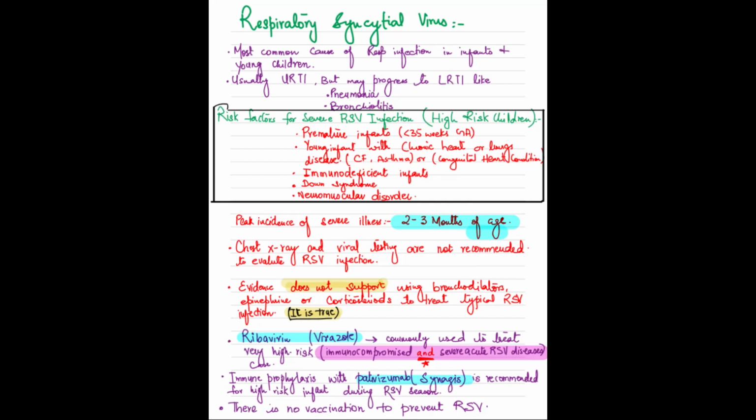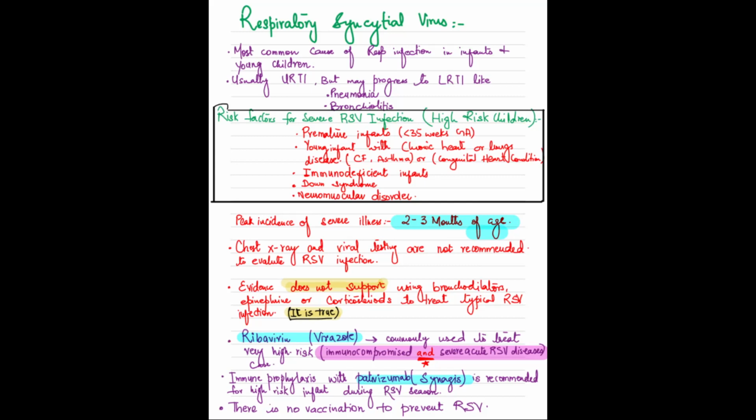Immune prophylaxis with palivizumab is recommended for high risk infants during RSV season. You see why I put the high risk list at the start, because everything talks about high risk later on. So if a child is high risk and comes with severe acute RSV disease, we can give ribavirin.